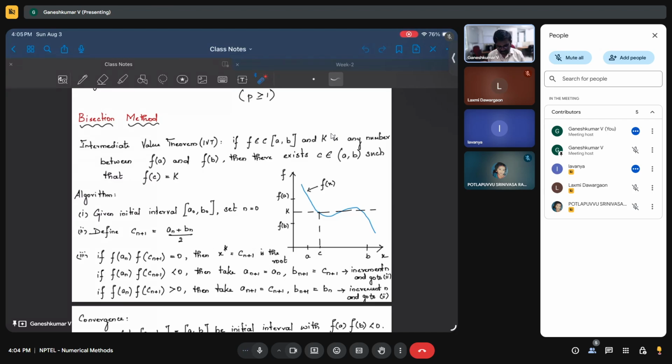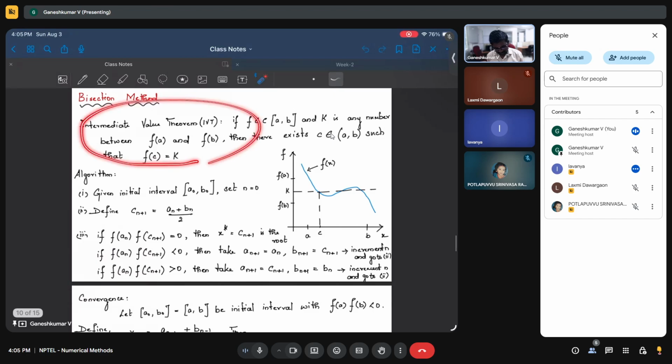This is the main theorem behind the bisection method. The only difference is that the value c that we seek is a root, where f of c is 0.